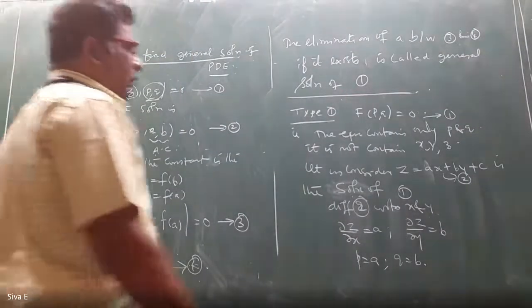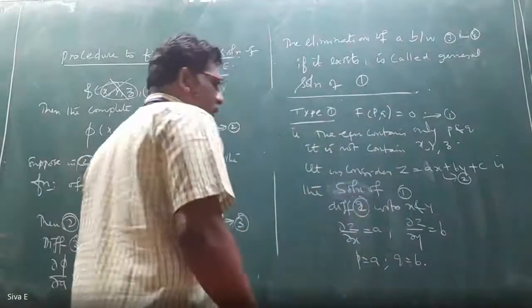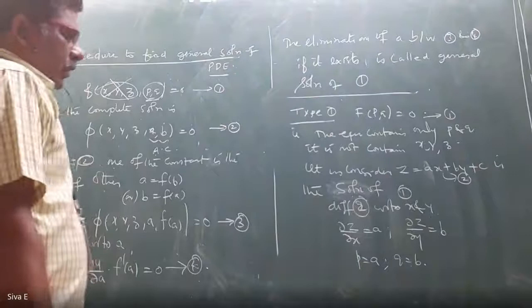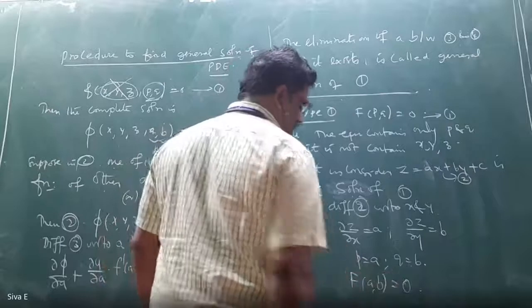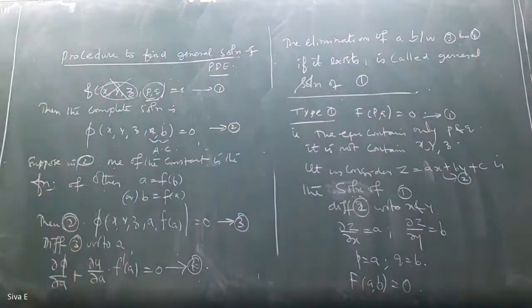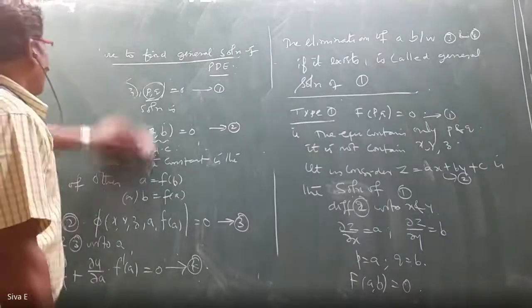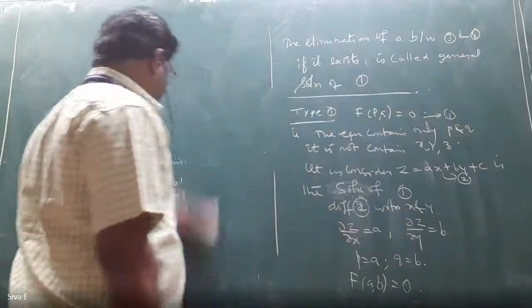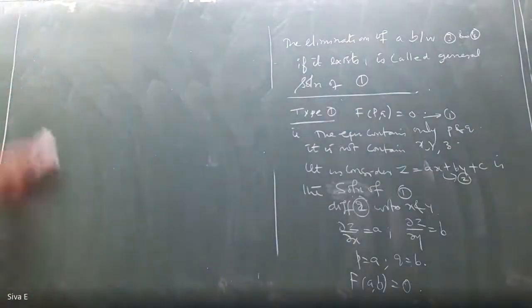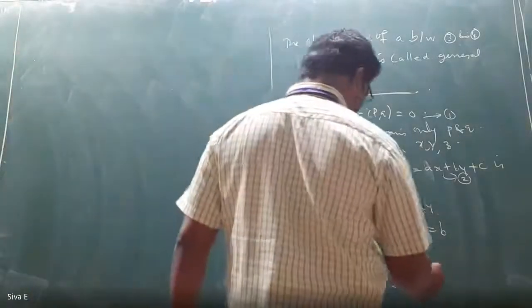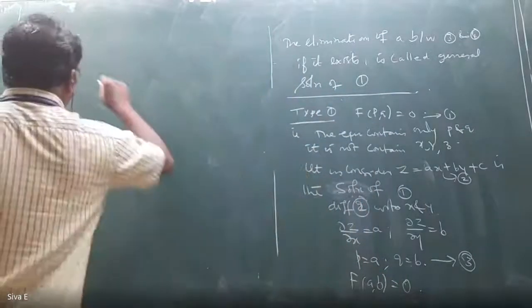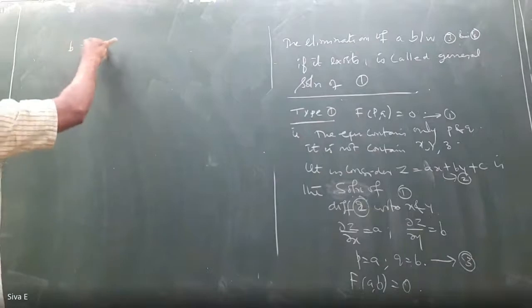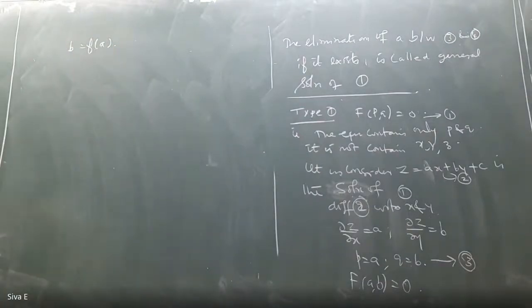Substituting p equal to a, q equal to b in equation 1, we get the relation f of a comma b equal to 0. Then we can write b equal to some f of a.